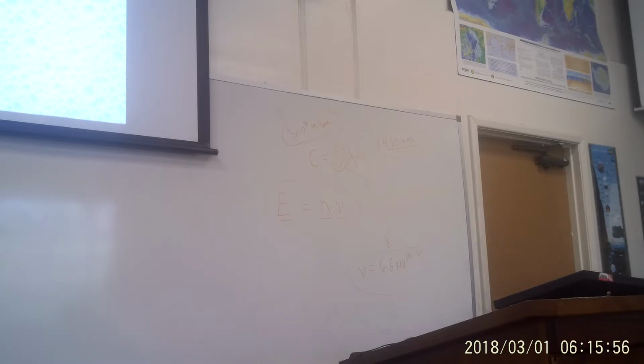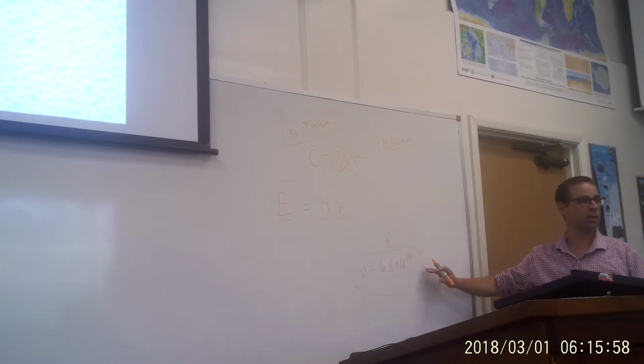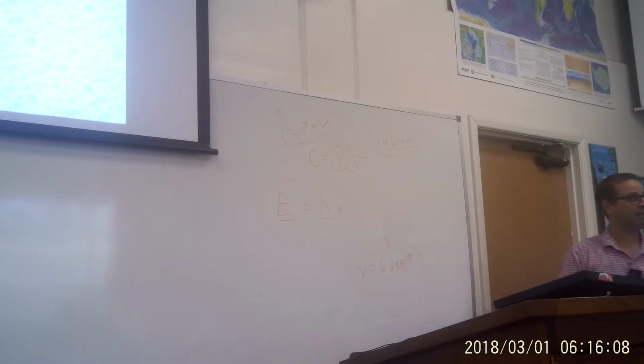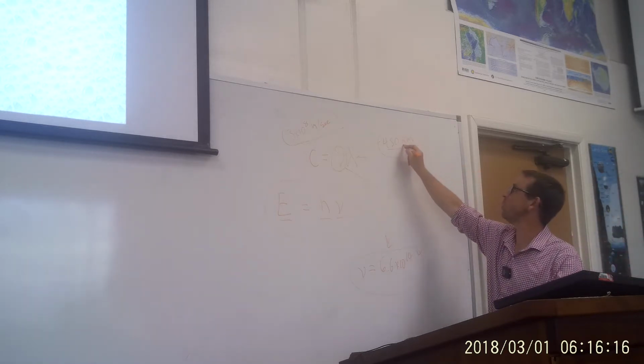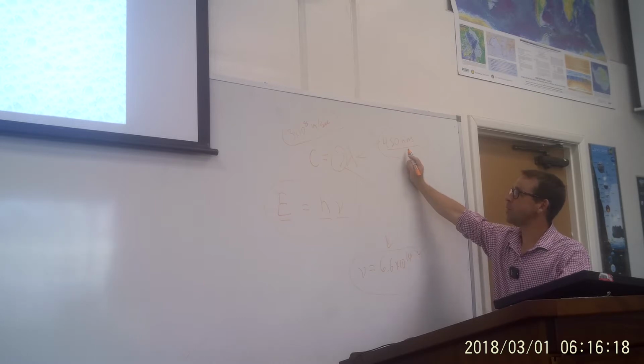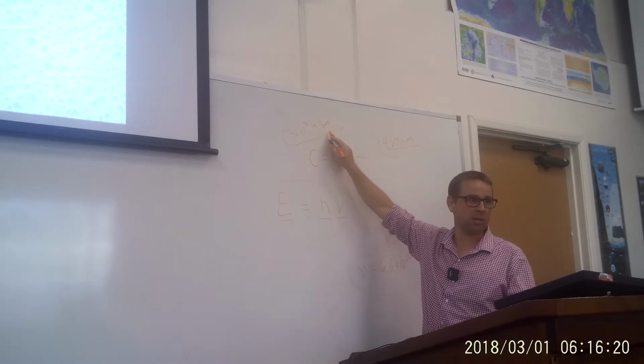Anybody else get 6.6 times 10 to the 14? No? What'd you get? You can't just divide by 450, because this is in units of what? Nanometers. And this is meters per second.